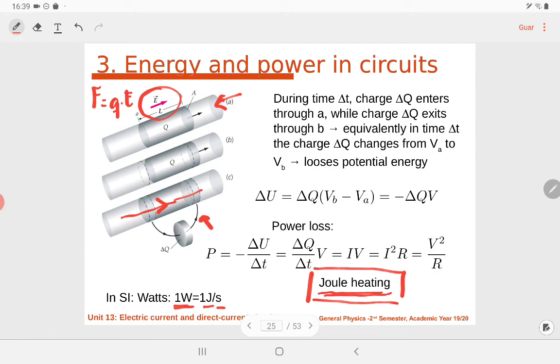In these stoves, what we have is a big resistor through which we apply an electric current, and this electric current is transforming electric energy into heat. It's heating the resistor, and this heating is used for cooking.